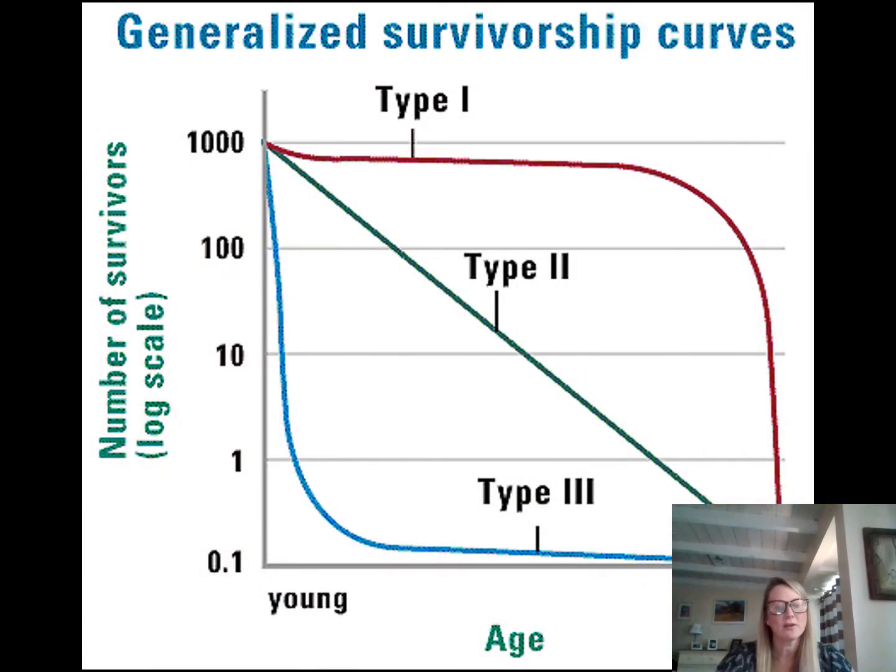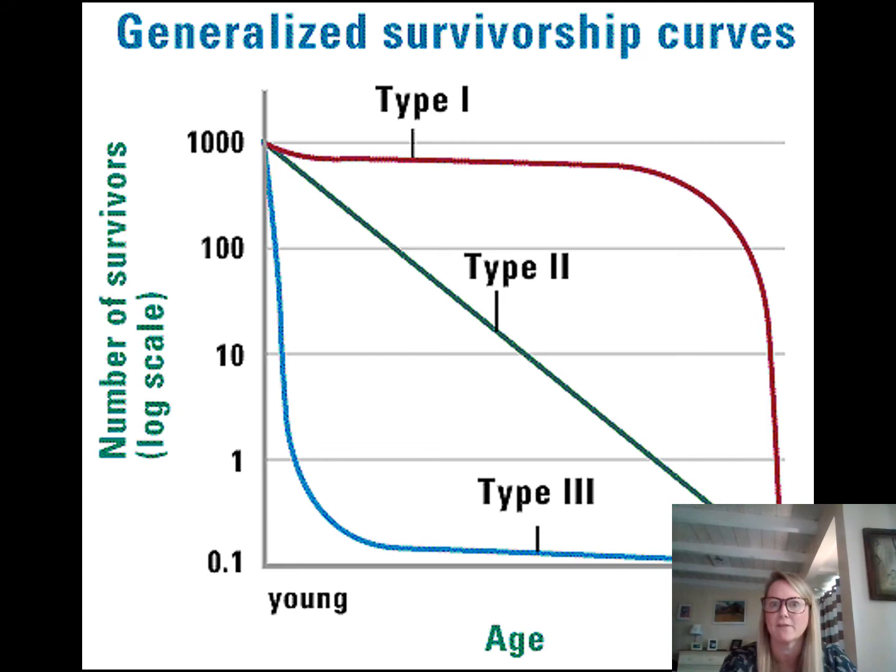You can illustrate survivorship with the generalized survivorship curve. You have your type 1, which are your late loss populations. They're obviously young when they're born, a lot of them do survive, and then they die off when they get old. Type 2 are the constant loss populations, and type 3 are the early loss populations.